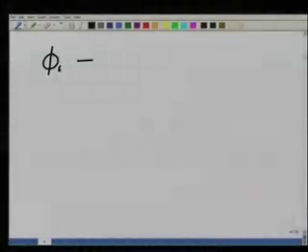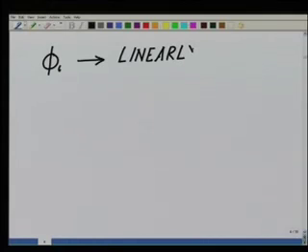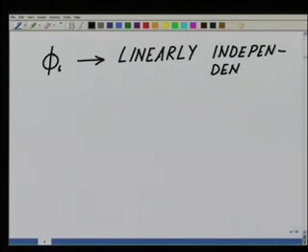Now what is it that these functions have to satisfy in order to be admissible basis functions? The first thing is that these functions phi i's should be linearly independent. Second thing that they have to satisfy is that they should be complete.